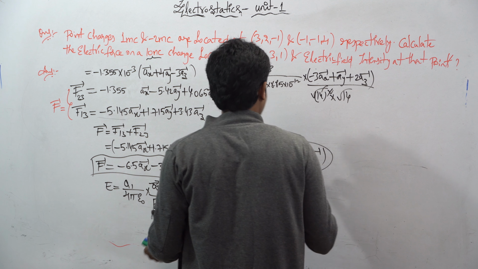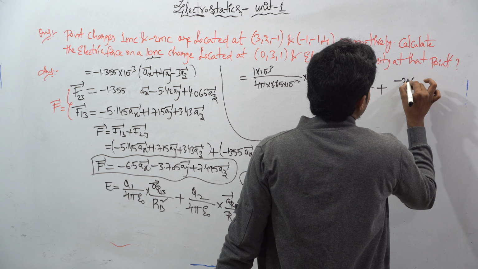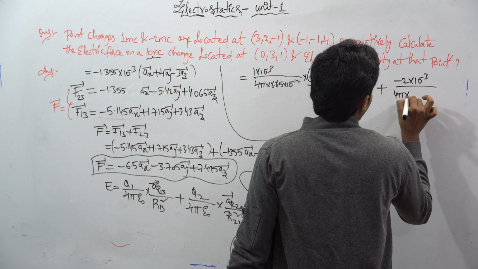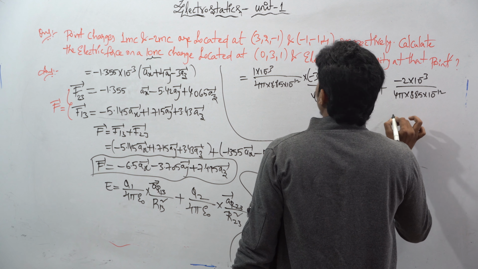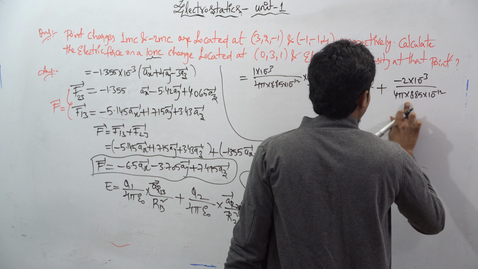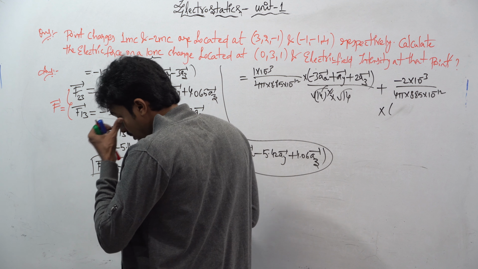Okay, plus, and what will be my Q2? Charge Q2 is minus 2 into 10 to the power of minus 3, divided by 4 pi into 8.85 into 10 to the power of minus 12, into, how much will we get for the unit vector value?